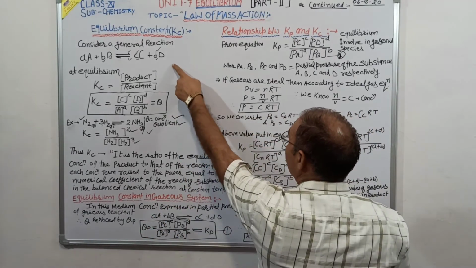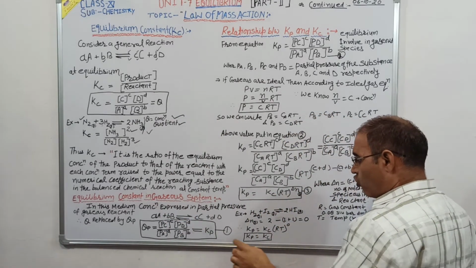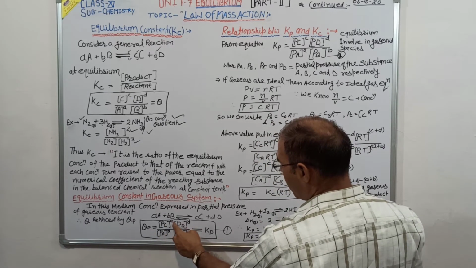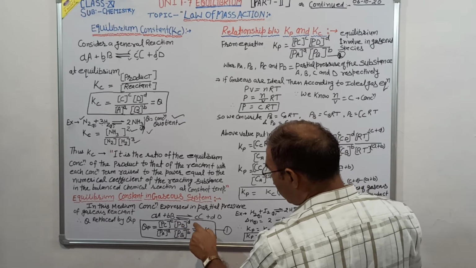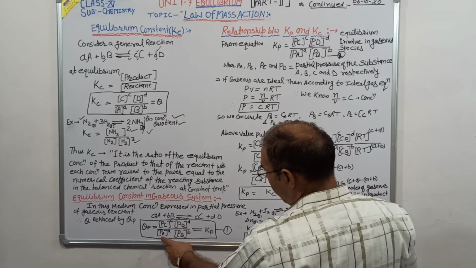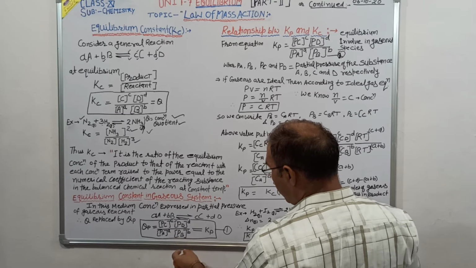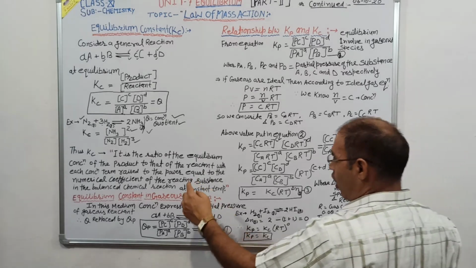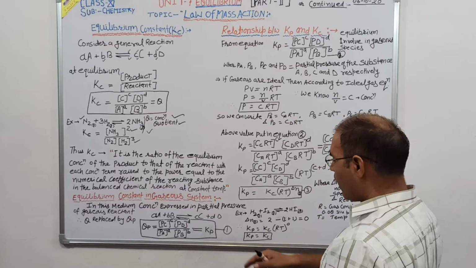For the general reaction, Qp is equal to Pc raised to the power c and Pd raised to the power d upon Pa raised to the power a and Pb raised to the power b. So Qp is equal to Kp.